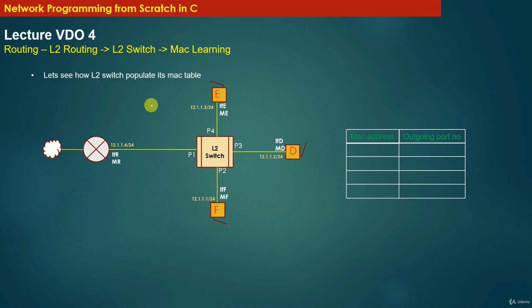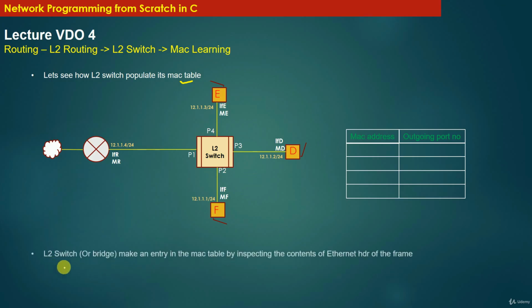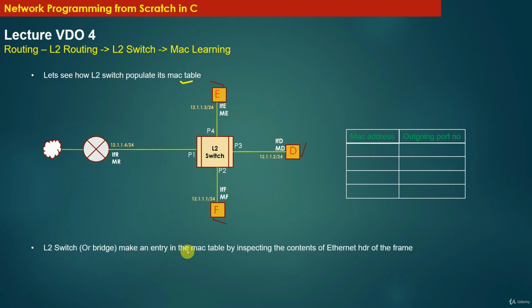Going forward, let us see how the L2 switch populates its MAC address table. You are given the following topology where you have an L2 switch connected to 3 host machines E, D and F. The L2 switch or bridge makes an entry in the MAC table by inspecting the contents of the Ethernet header of a frame. Remember that the L2 switch inspects only the Ethernet header of a frame.